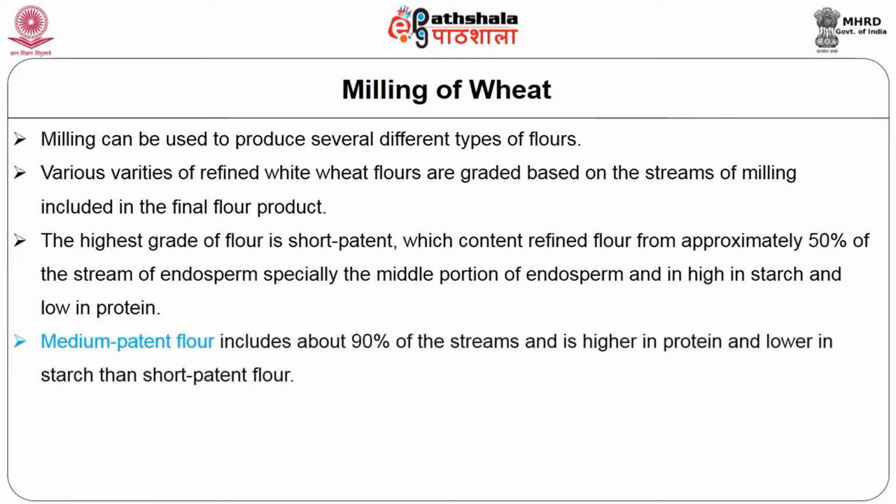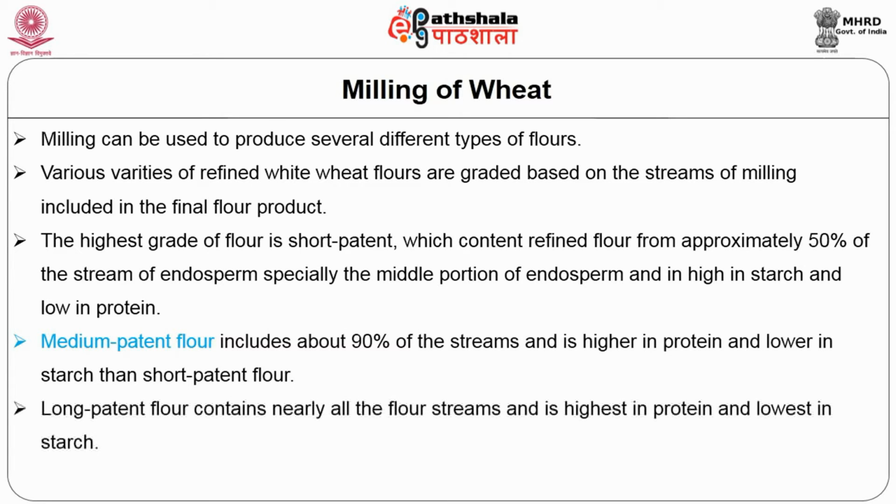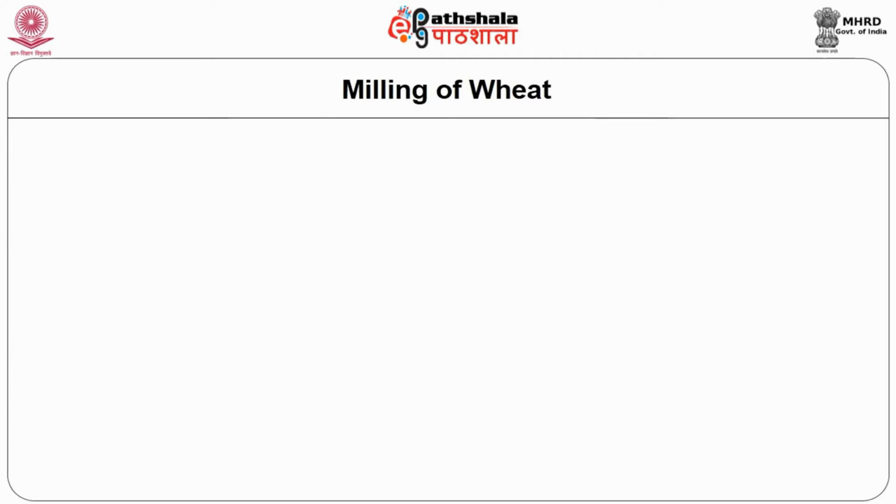The medium patent flour includes about 90% of the streams and is higher in protein and lower in starch than short patent flour. Long patent flour contains nearly all the flour streams and is highest in protein and lowest in starch.